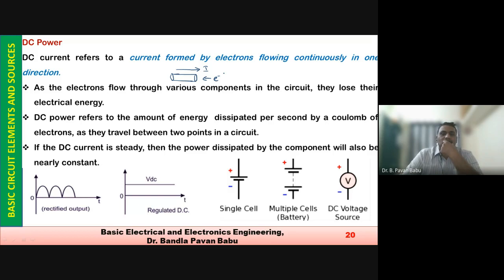The behavior will be the same whether we apply AC or DC power, but there will not be any change of current, so di by dt will not be there. The current remains constant here. At any time period, if you observe this graph, let me change.